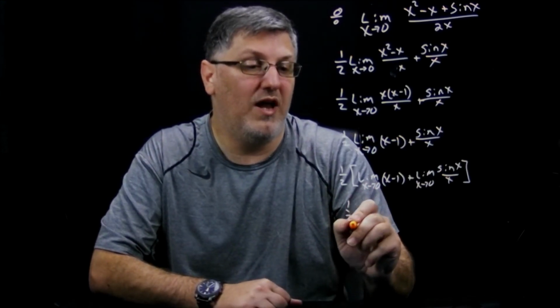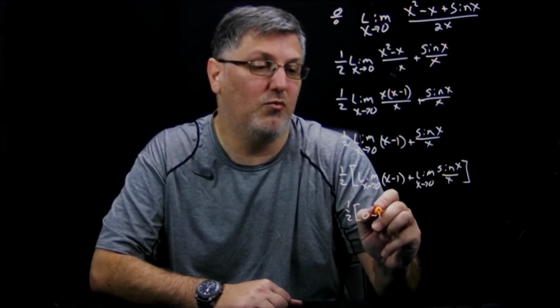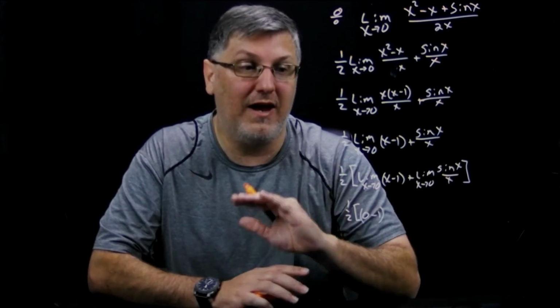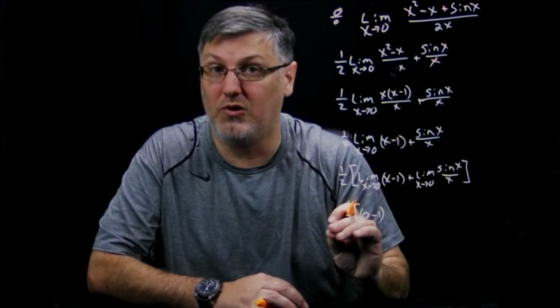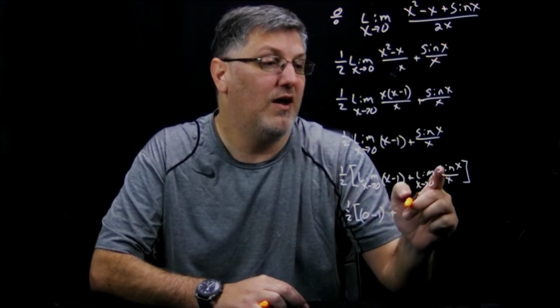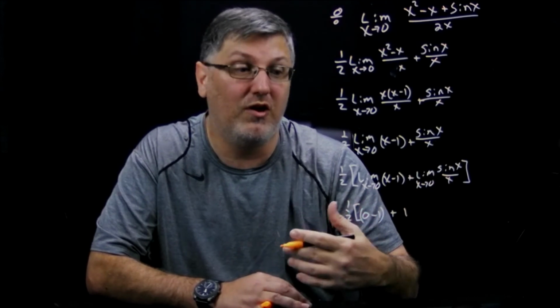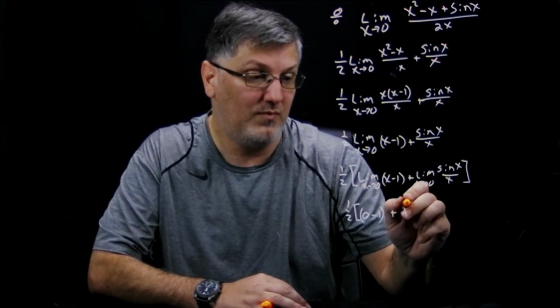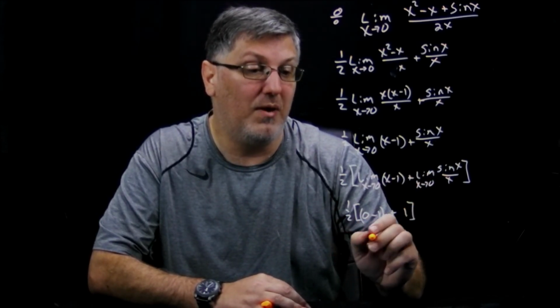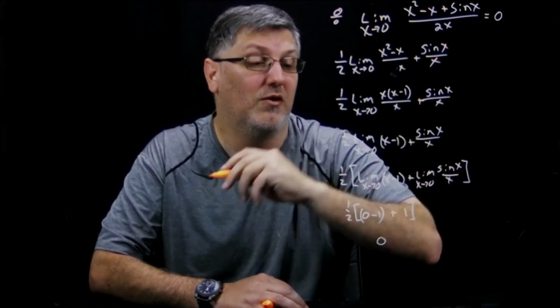Now I have 1/2 times, well, if I put this in, I've got 0 minus 1. Remember, you've got to show that you're putting it in. You can't just shortcut it and say it's -1. You have to show putting it in for the AP test. Plus, well, this is just 1 because it's a special limit. There's nothing to show there. It's just a special limit. And now we just simply do our math and we get 0. So this limit is 0.